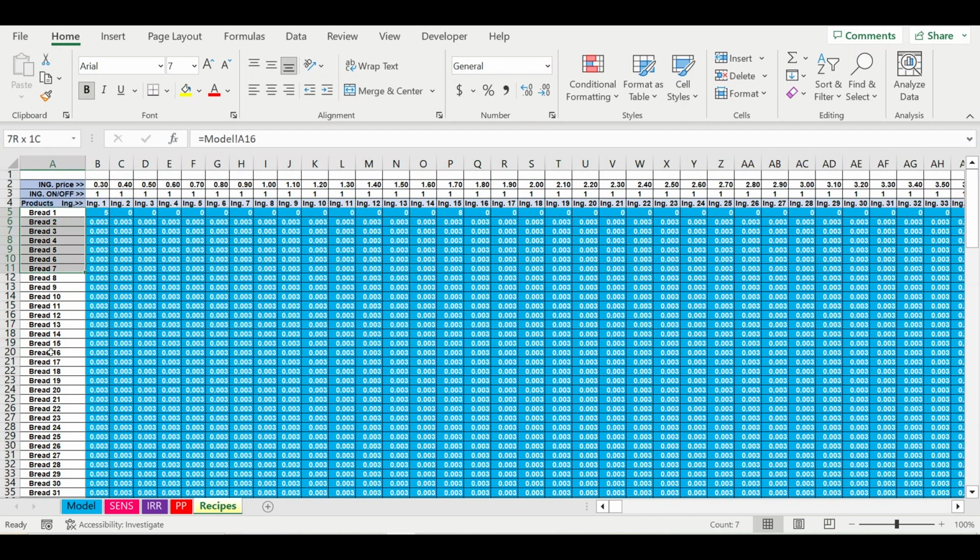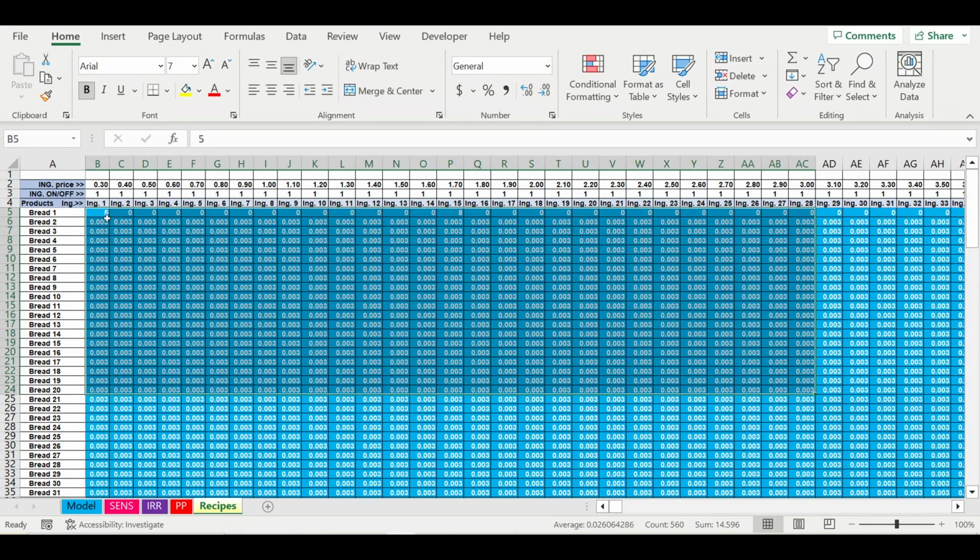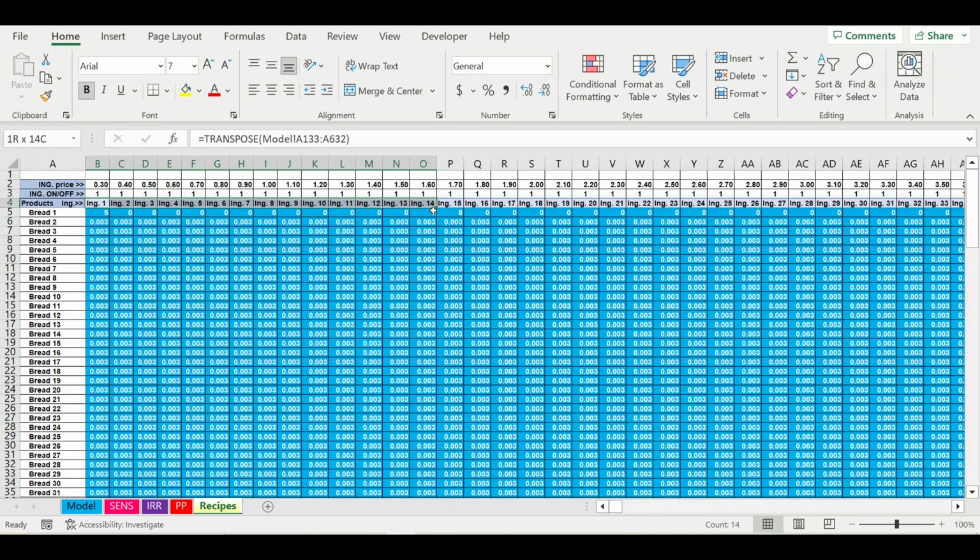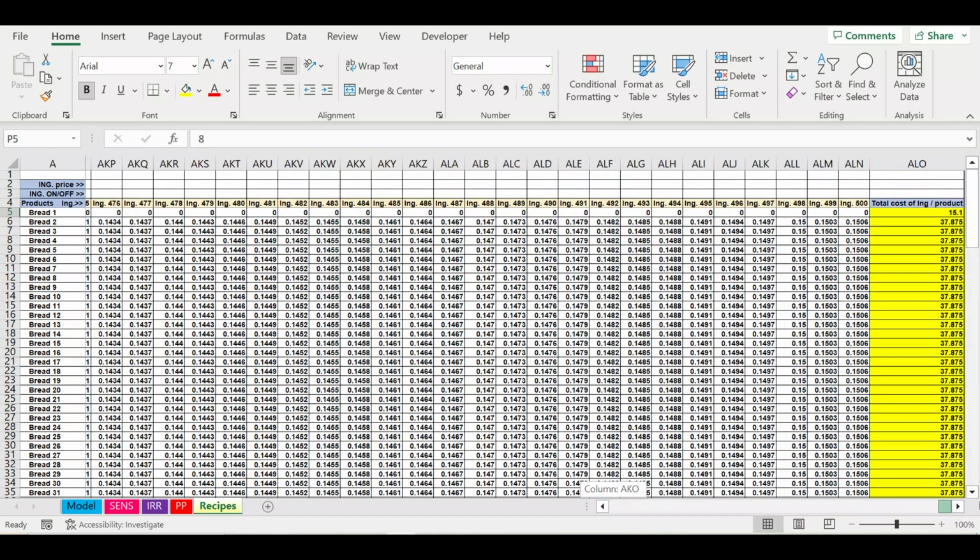It is very important once and forever to specify the consumption of different ingredients to bake, for example, one item of bread type number 1. This is important because if we specify the consumption of these ingredients, we will calculate in detail the direct costs.